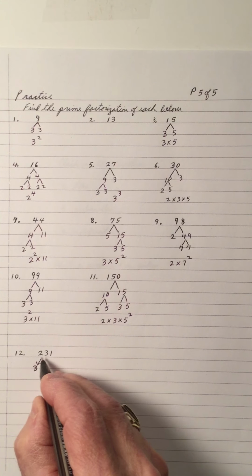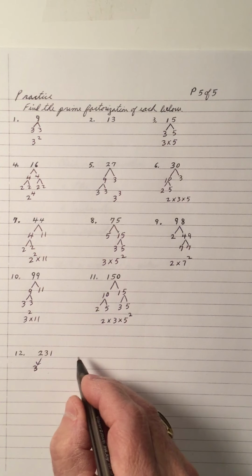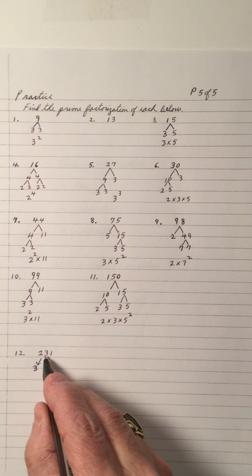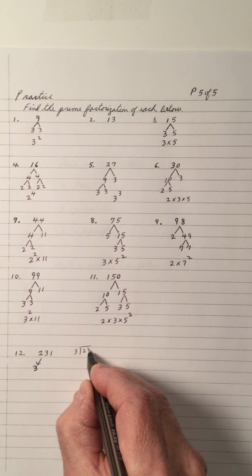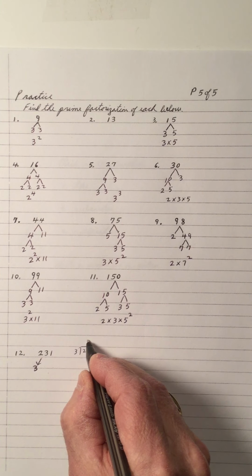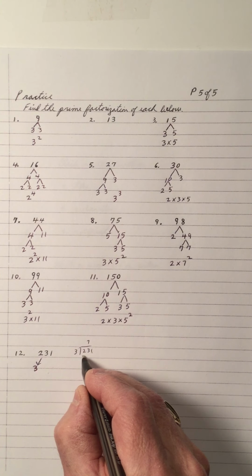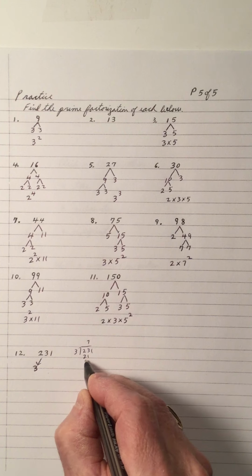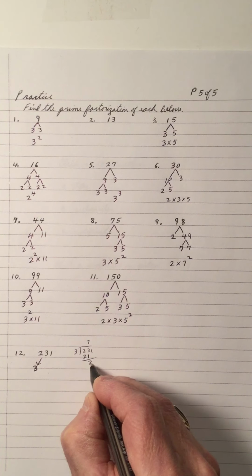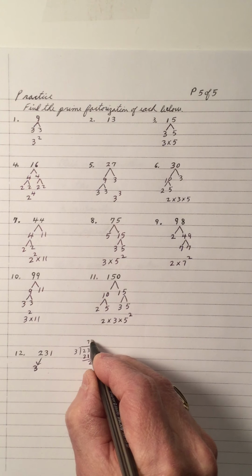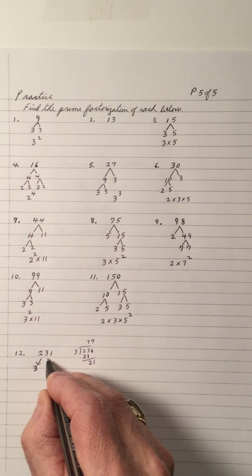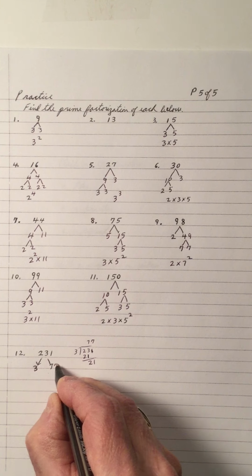So 3 into 231. Sometimes, if you don't have a calculator, 3 into 2 can't go. 3 into 23 goes 7. 3 7s are 21. We subtract, get a 2, bring down the 1. 3 into 21 goes 7. So we have 77.